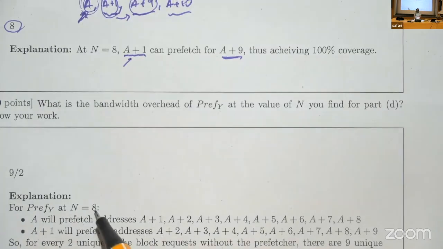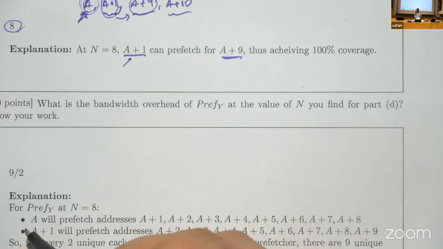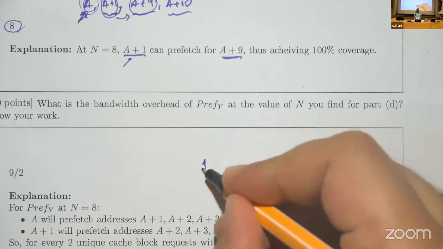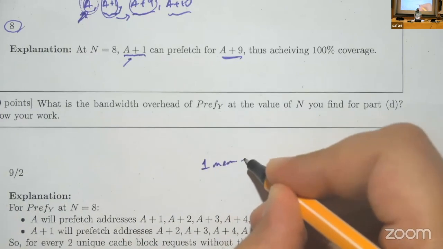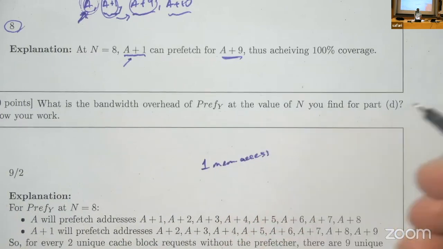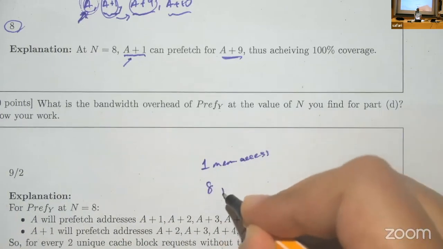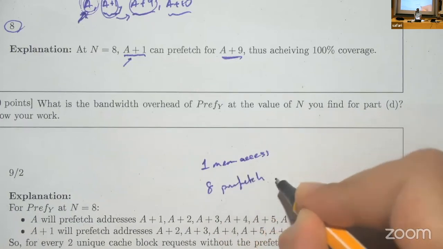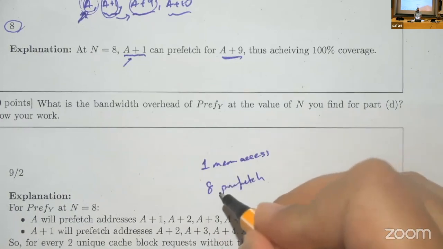So when n is 8, with the prefetcher, you will have one memory access, the real access, and 8 prefetch operations, right?